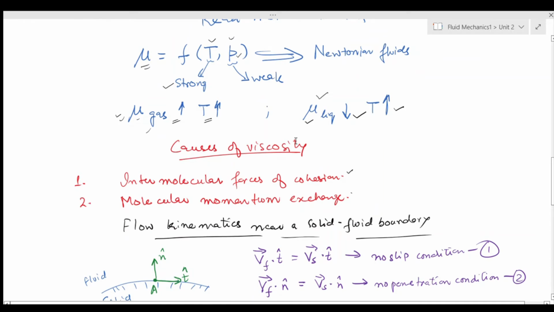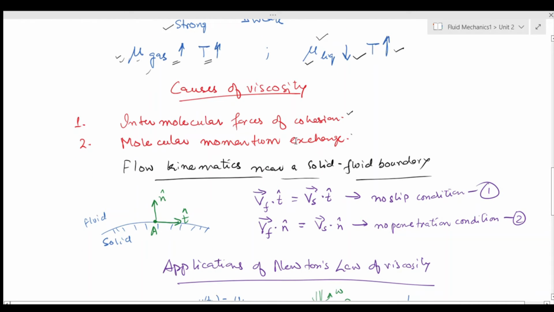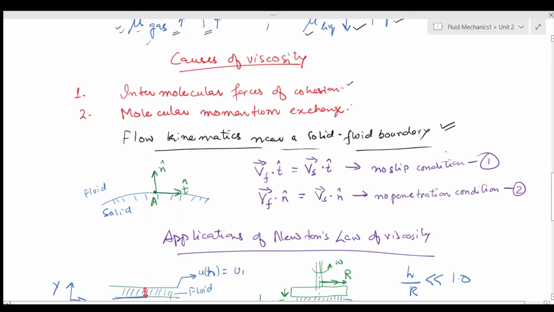Now, after covering this, the next portion I would like to progress to is the flow kinematics near a solid fluid boundary. And this is something of great interest to us in engineering applications also. So think of a solid surface.